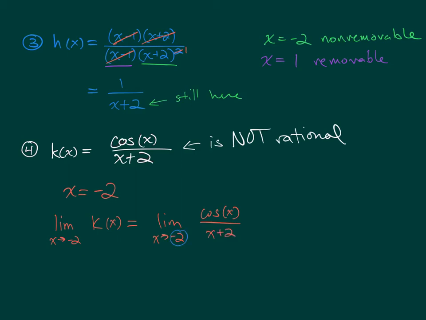And again, if you try substituting this -2 in for x here and here, you will end up with a value that is not 0, in other words, cosine of -2, over a value that is 0. And what that tells you is that this limit does not exist, which makes the discontinuity at x equals -2 non-removable.